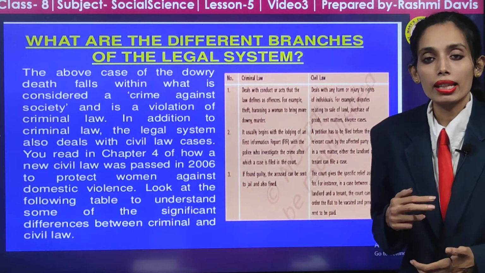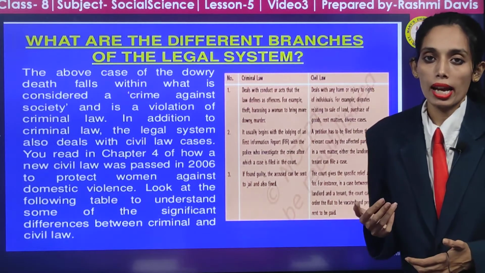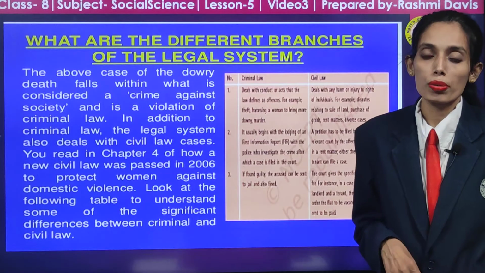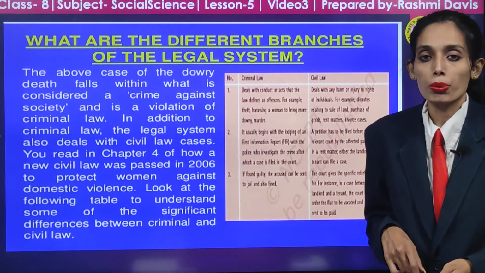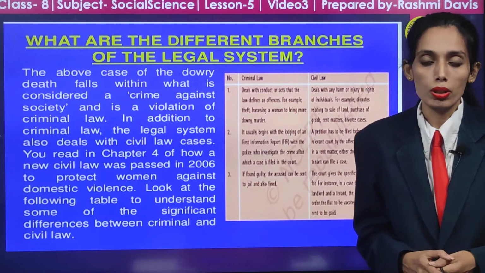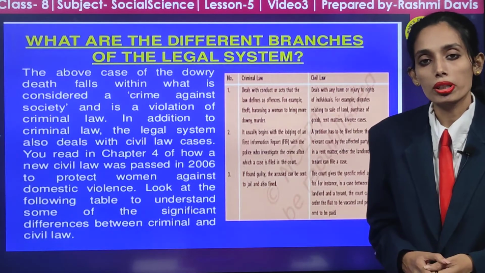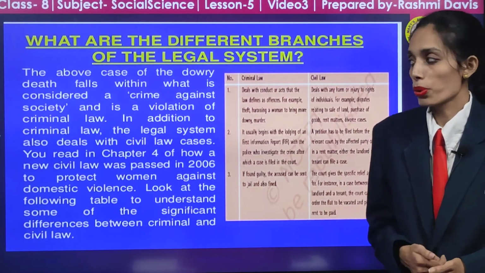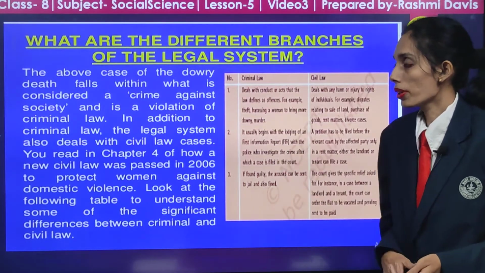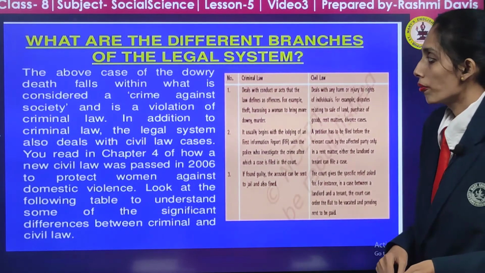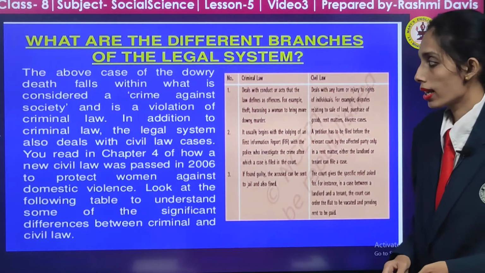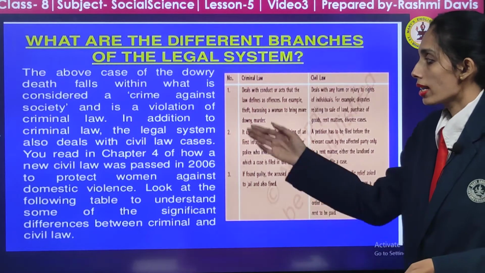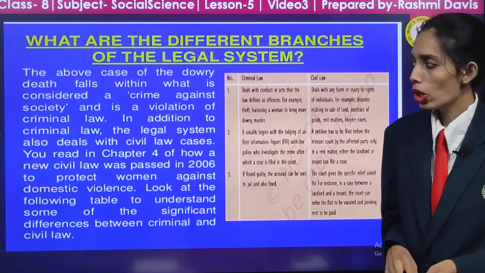Then finally, the third time, they approached the Supreme Court. According to the appellate system, when you are unhappy with the decisions taken by the lower courts, you can take your case to the higher courts. So the above case of dowry deaths falls within what is considered a crime against society and is a violation of criminal law.